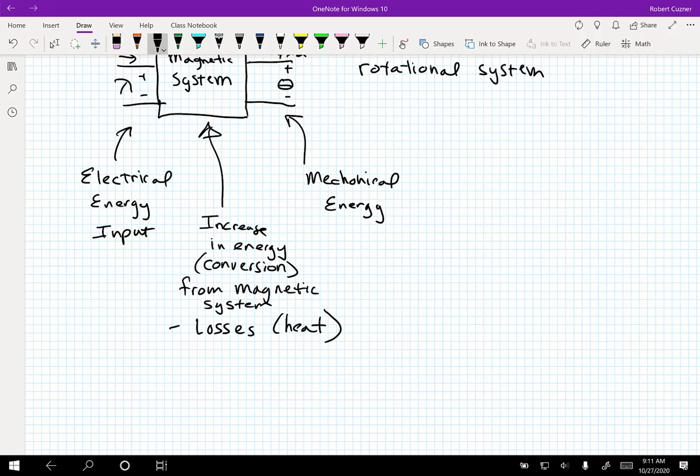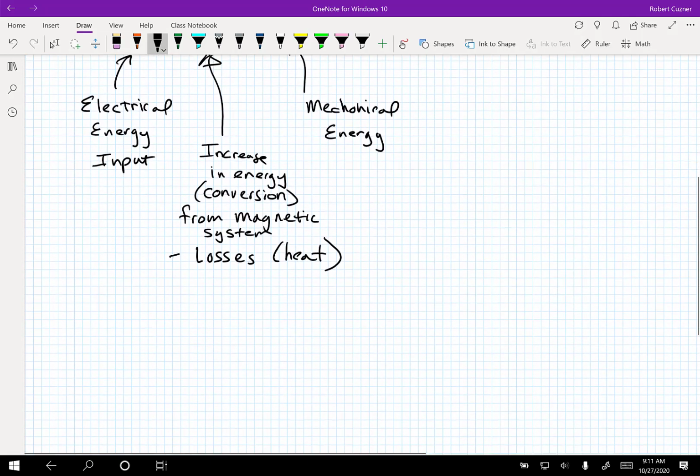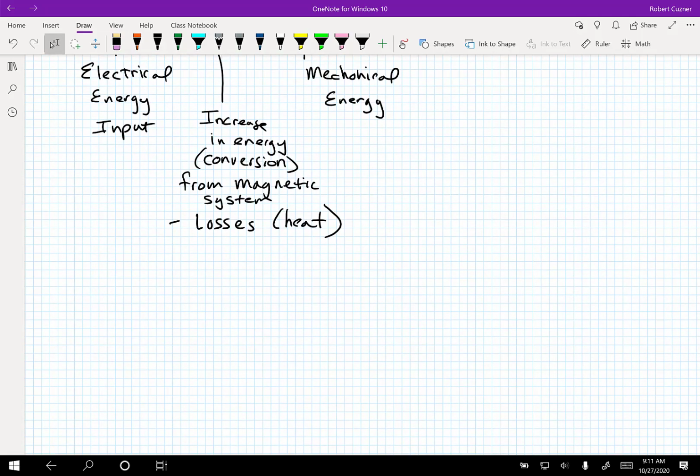So mathematically, in words, we've got energy input on one side of the equation is equal to, they say an increase, but it's really kind of a change.